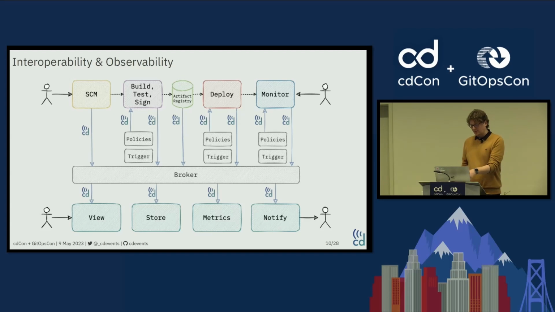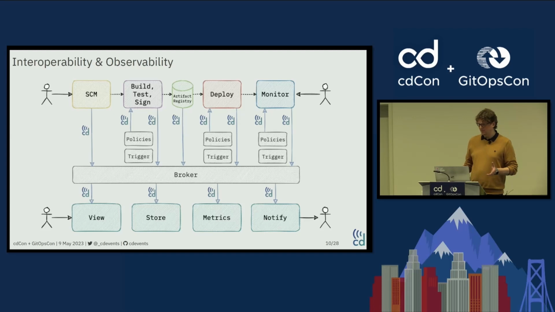The other benefit of collecting all this data and having it stored in a consistent format is that it allows you to crunch the data, do analytics, and build metrics. Some metrics have been quite popular in the past years, like the DORA metrics, where you measure a certain aspect of your CD processes, like how much time it takes for a change to get from when it's written to production, or how often you deploy to production.